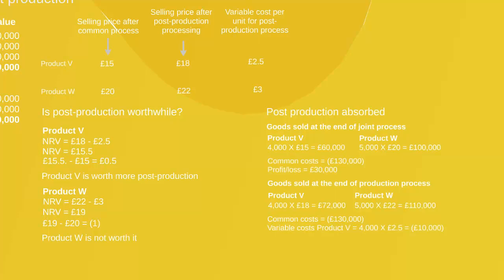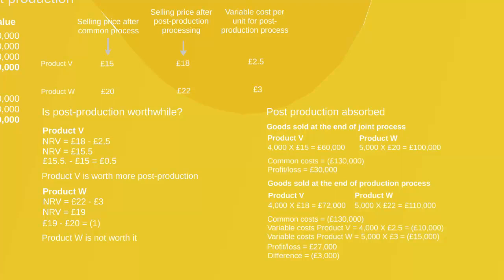So that's 4,000 units times £2.50 for product V, and 5,000 units times £3 for product W, giving us total variable costs of 25,000, which means that once we deduct our common costs of 130,000 and our variable costs of 25,000 from that new revenue of 182,000, we get a profit of £27,000. Which of course is £3,000 less than for the original if we just sold everything at the end of the joint process.